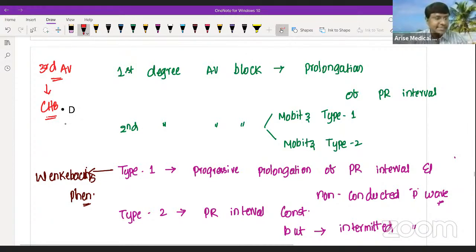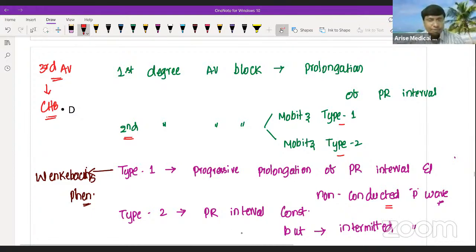So these are the ECG changes you will have in the AV block. In first degree AV block, there is just prolongation of the PR interval. Second degree AV block again has two types, Mobitz type 1 and type 2. In Mobitz type 1, there is progressive prolongation of the PR interval, and subsequently there will be a non-conducted P wave.